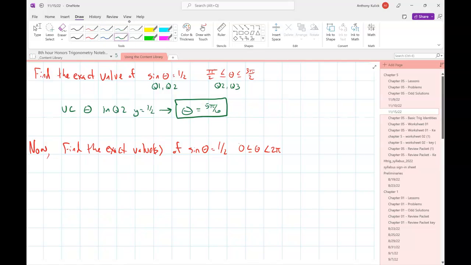What quadrants are covered from 0 to 2 pi? All of them. Where is sine positive? 1 and 2. How many answers should we have? I'm going to have 2 answers, right?